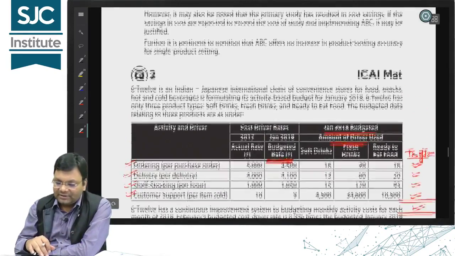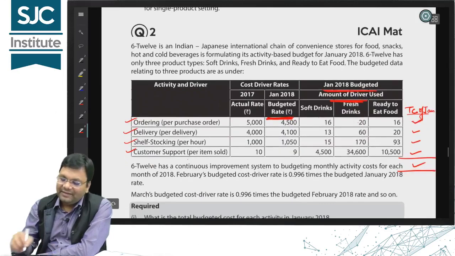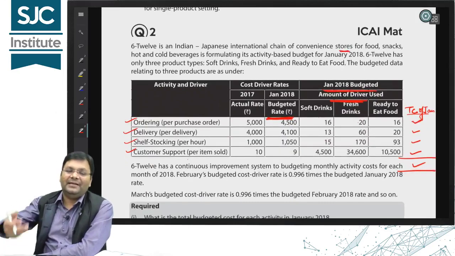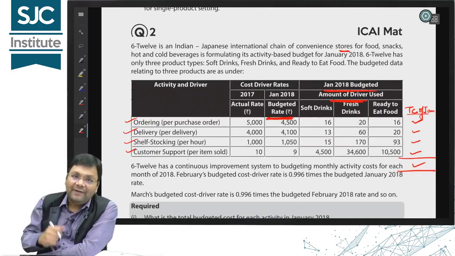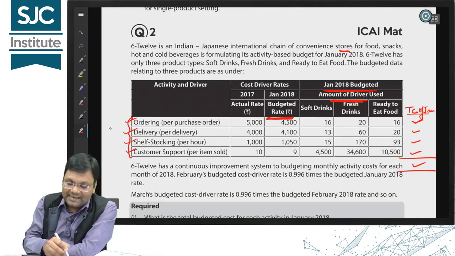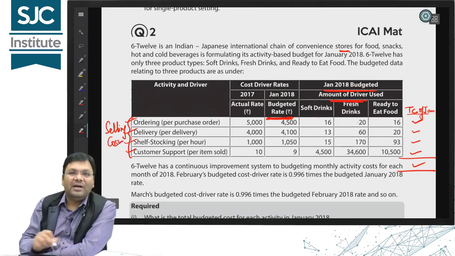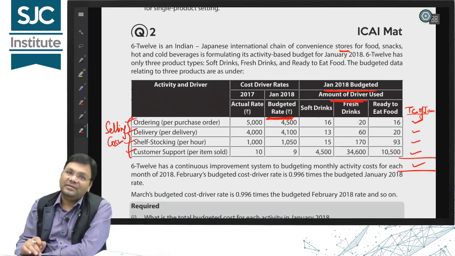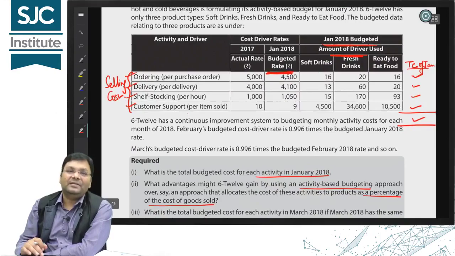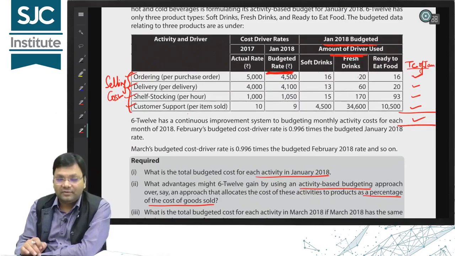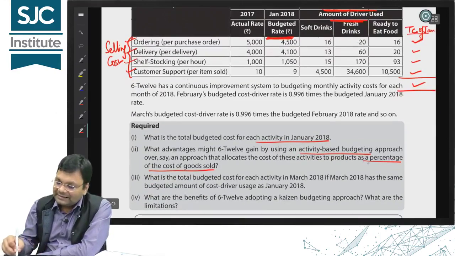Here in this question, they are having stores. Stores is not manufacturing, store is a selling activity. So we are having all these items as a selling cost here. If it is selling cost, you cannot use labor hour, machine hour even in a traditional system. In that case, the basis used is quantity sold or cost of goods sold. So that's how they are asking to compare activity based budgeting with cost of goods sold.